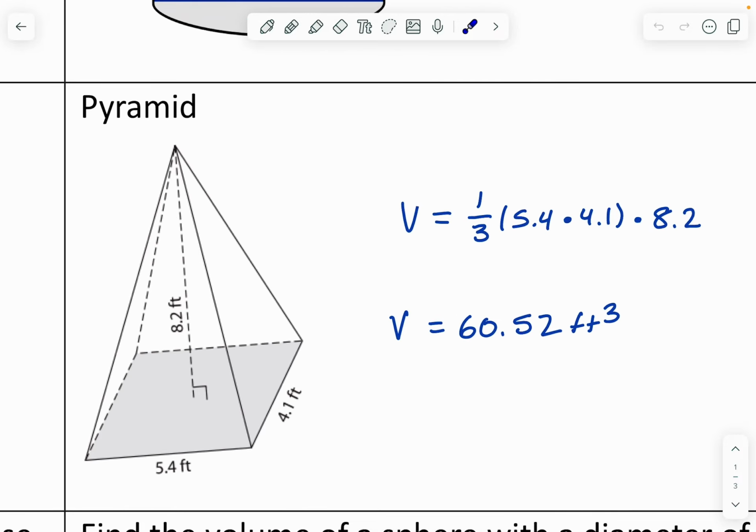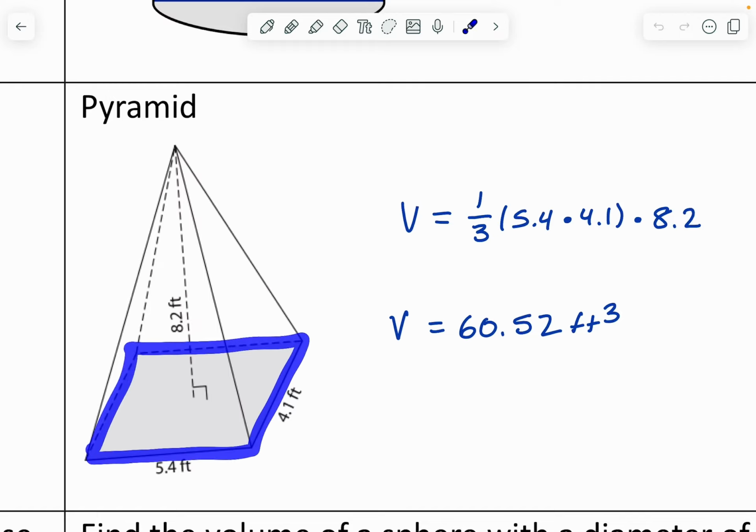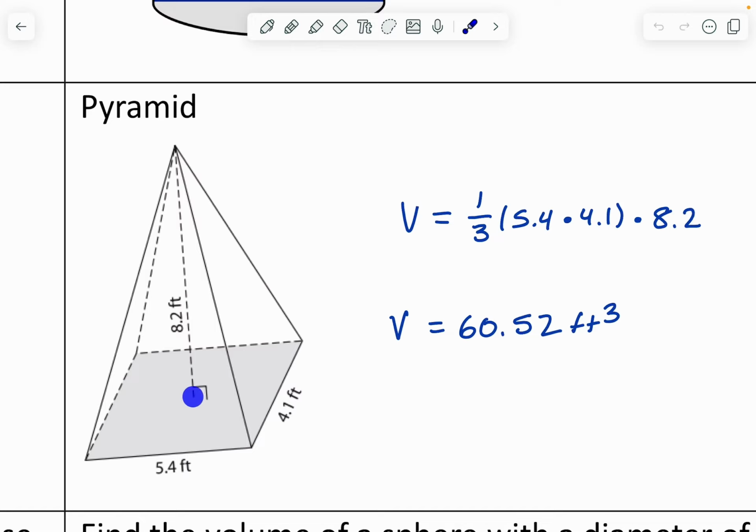We have a rectangular pyramid. How do I know it's a rectangular pyramid? The base is a rectangle, a 5.4 by 4.1 rectangle. The height, the distance from the base to the vertex, from the base to the top of the pyramid, is 8.2.